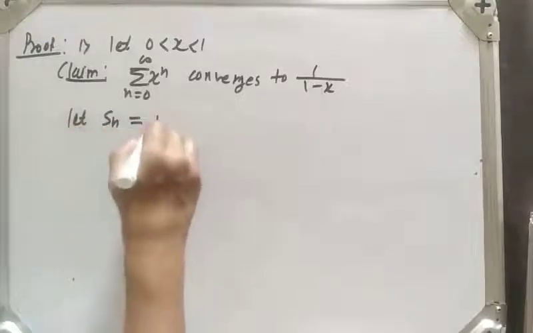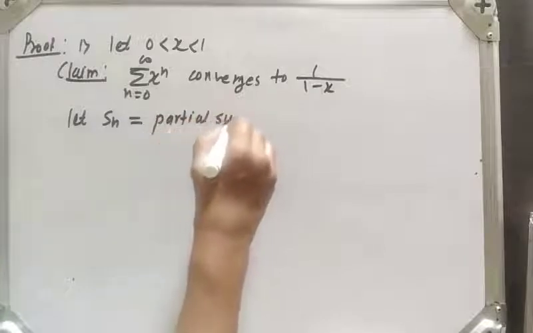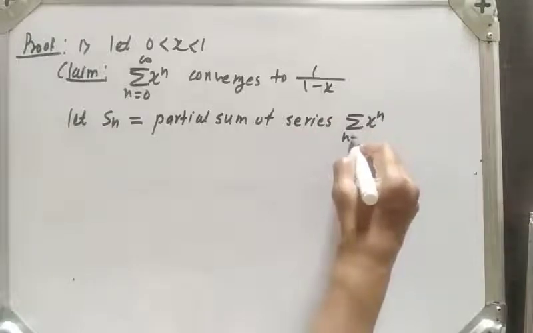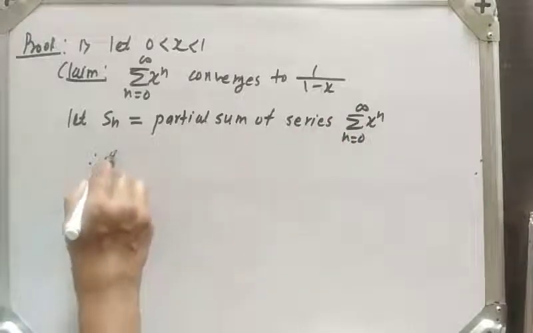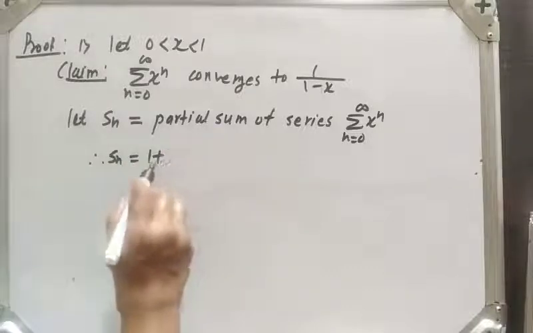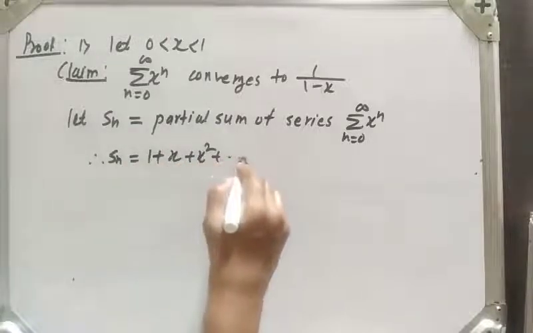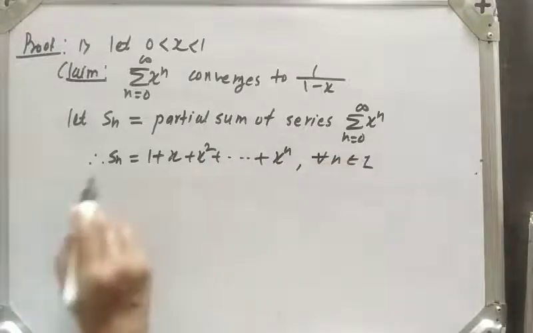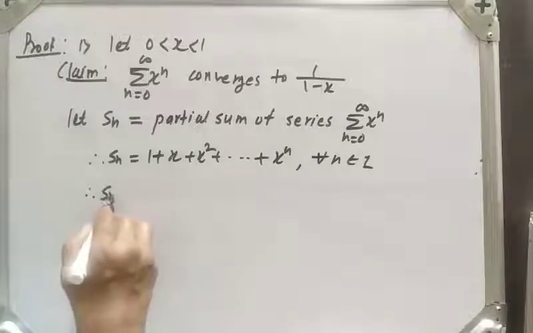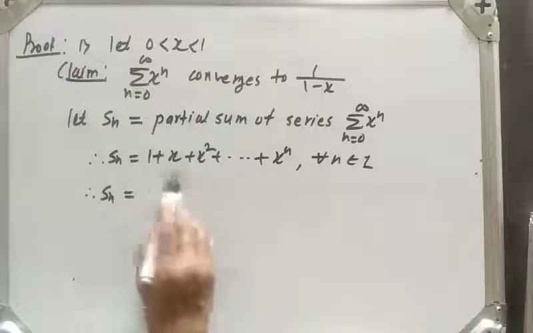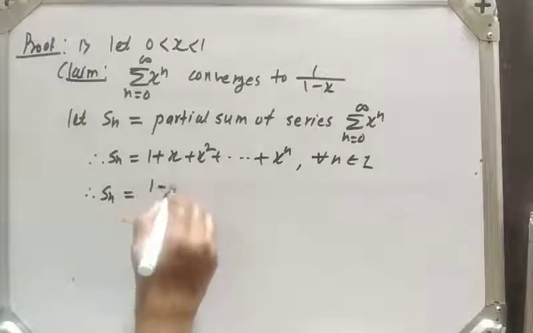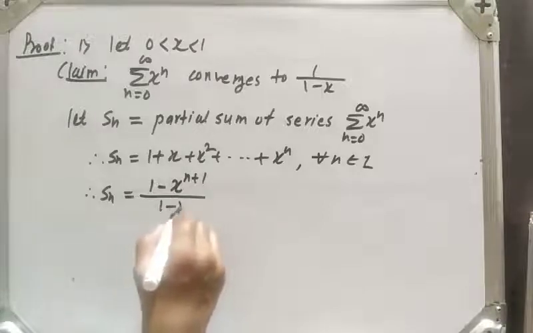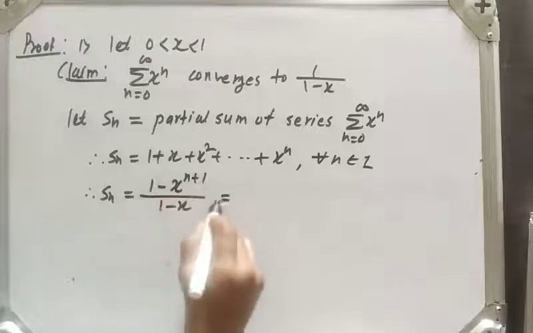What will be S_n? S_n is equal to the partial sum of the series. Therefore S_n will be 1 plus x plus x square plus up to x raised to n, total n plus 1 terms. For n belongs to the natural numbers, S_n will be this. Therefore S_n will be, we have the formula for this addition: 1 minus x raised to n plus 1, upon 1 minus x. We can write it as this.